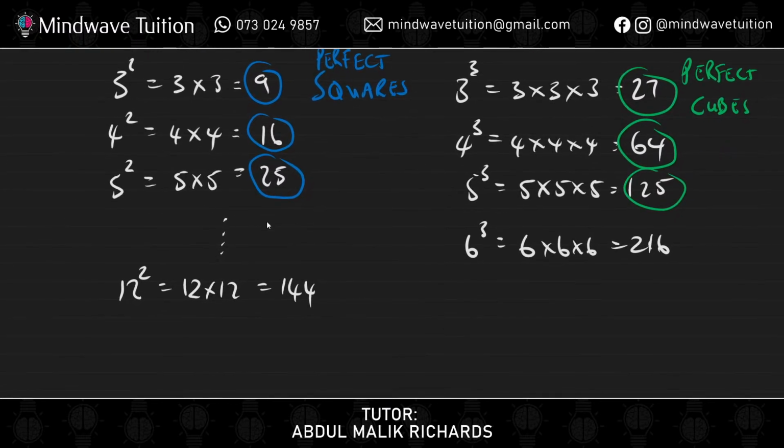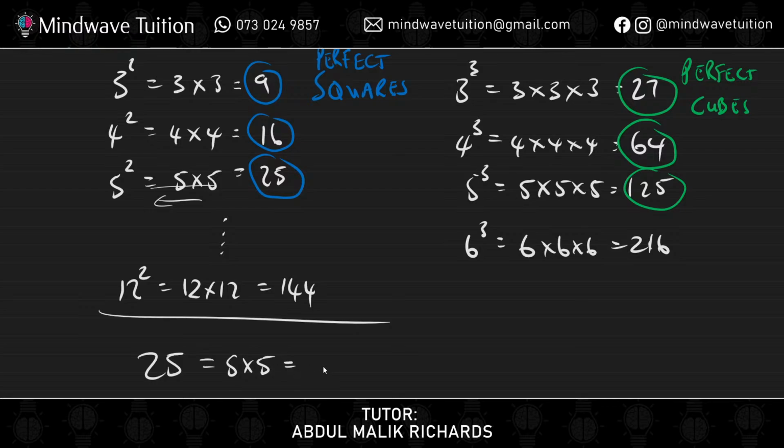So as you can see, let's take 5 squared over here, we can work forwards and backwards. If we are given, let's say, the number 25, we know that 25 is a perfect square. So 25 can be written as 5 times 5. And since this is repeated multiplication, we can write this as an exponent, which is going to be base 5 to the power of 2, because there are 2 5s over there.